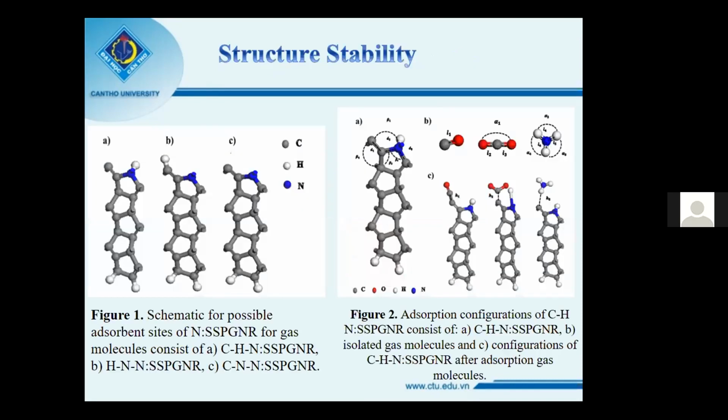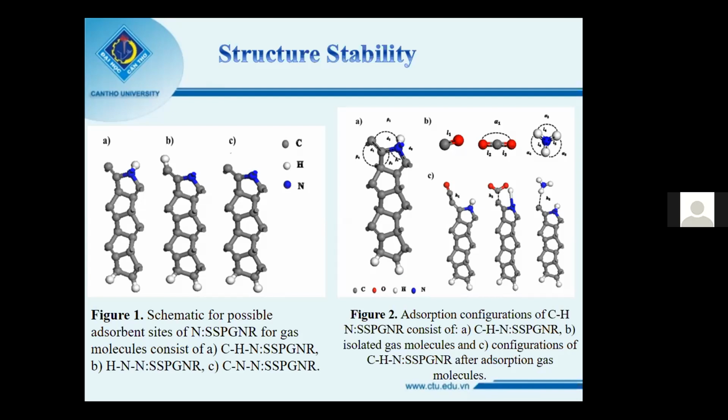To get the sensing capabilities of pseudo-sp2 nanoribbons doped with nitrogen for gas molecules such as carbon monoxide, carbon dioxide, and ammonia.